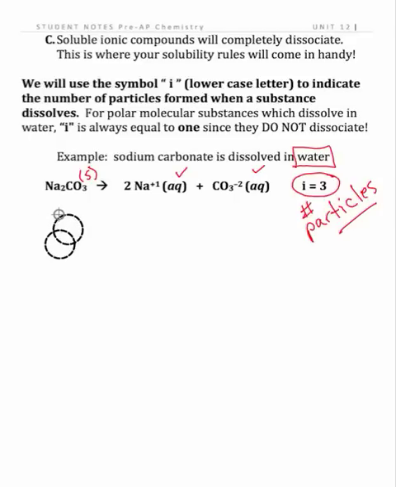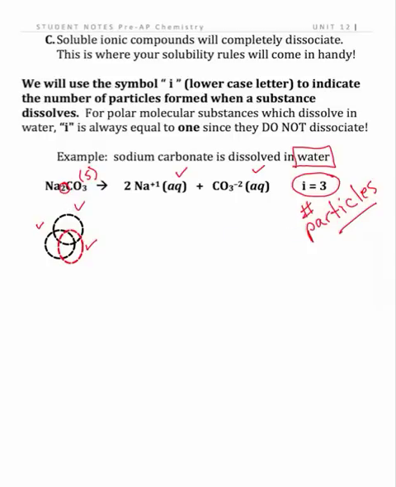I'll just kind of overlap them to show that they're bonded, and a carbonate. Now, when we're counting things that are bonded, we have 1, 2 sodiums, and then we have the 1 carbonate. So when it's bonded, we use subscripts.